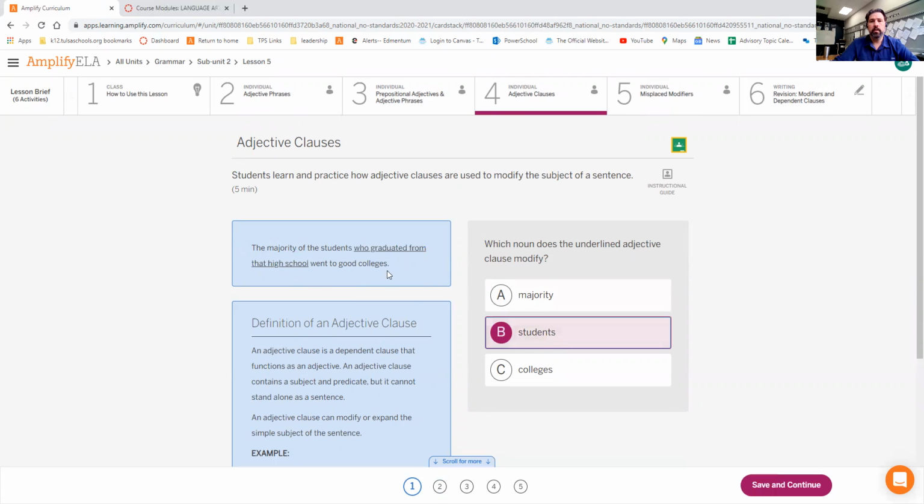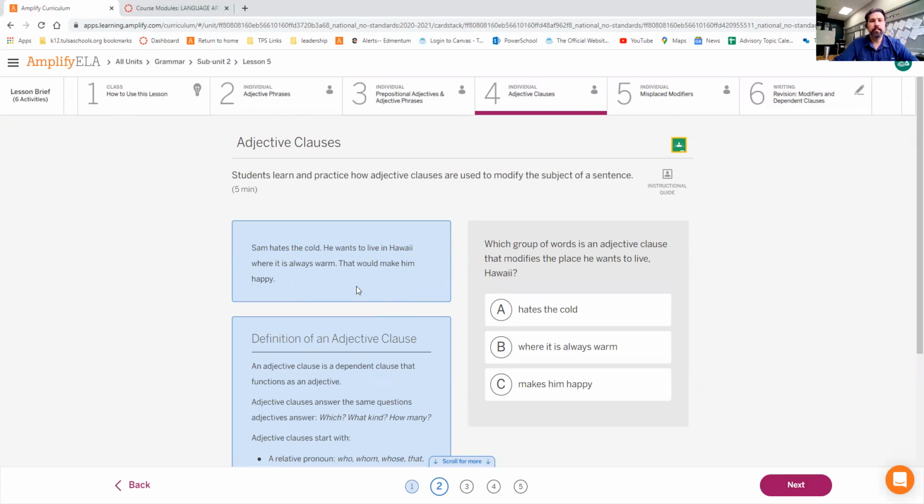The students. That is all there to describe which students. You could have this all by itself. You could say the majority of the students went to good colleges, but you wouldn't know which students. Who graduated from that high school tells us exactly which ones we're in reference to.